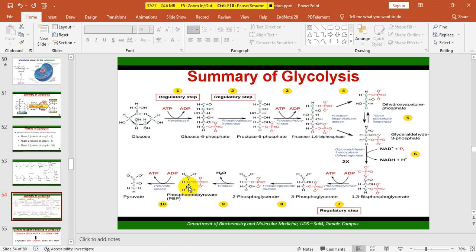You see the double bond is between carbon 2 and carbon 3. Then ATP will be produced again. ADP will go inside to remove this phosphate and add it to ADP to produce ATP. Then we have our end product, pyruvate. Meaning that we produce 2 ATPs over here.